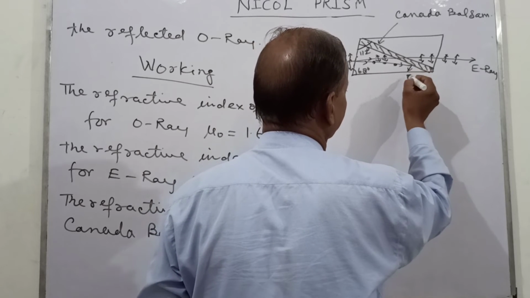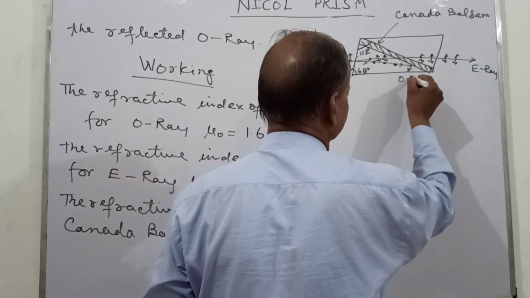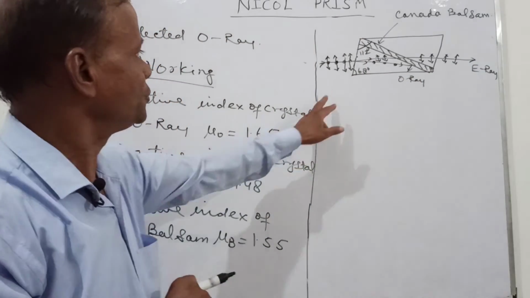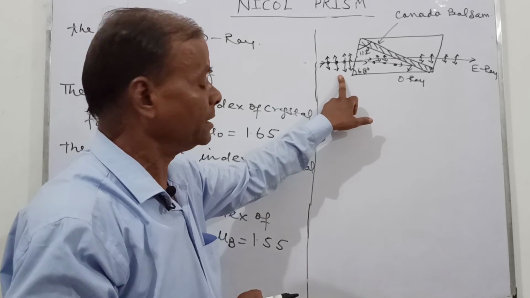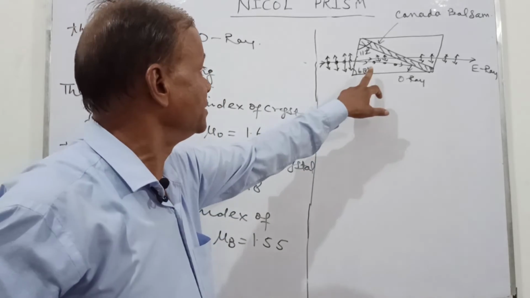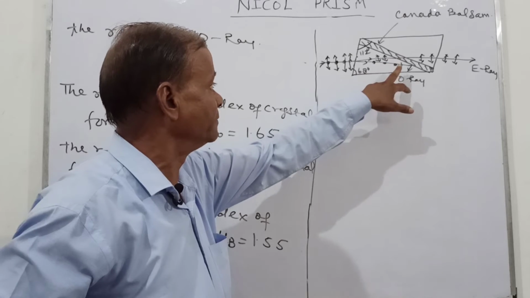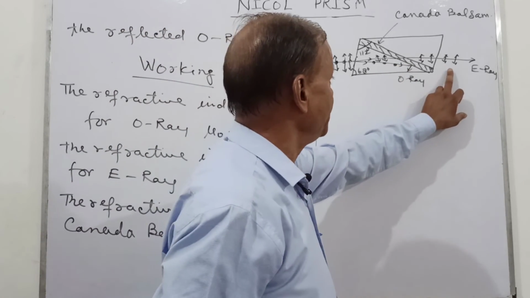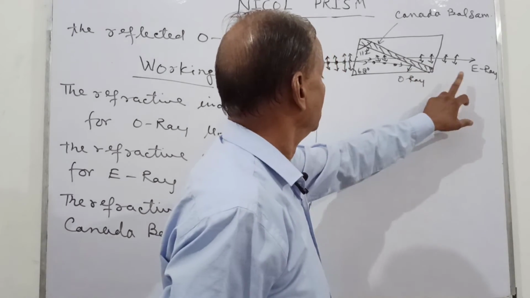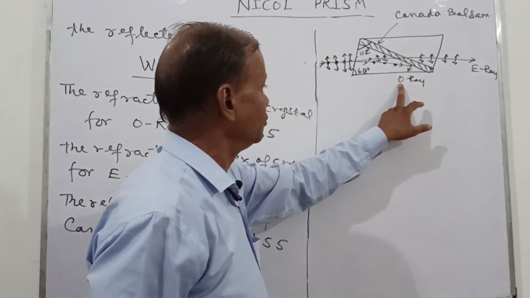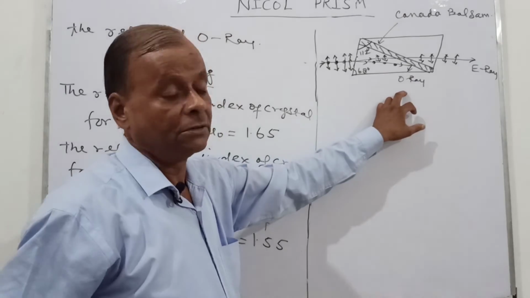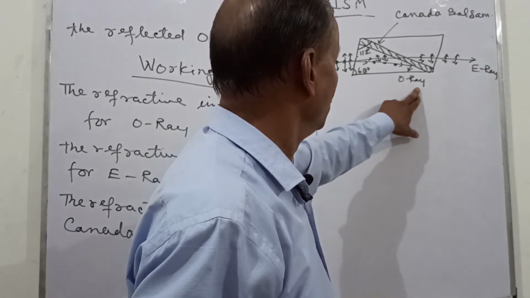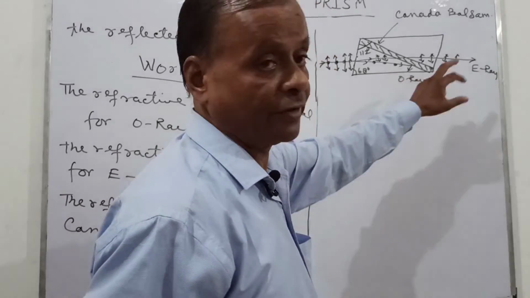So this is the O ray. The E ray comes out from the crystal and the O ray is reflected because the angle of incidence is more than the critical angle.